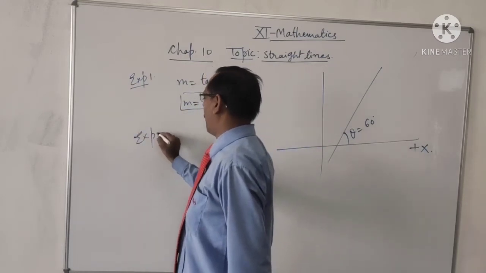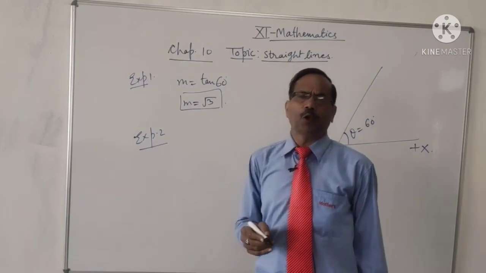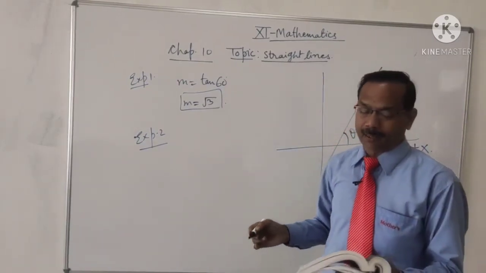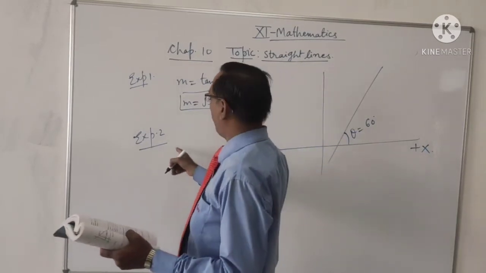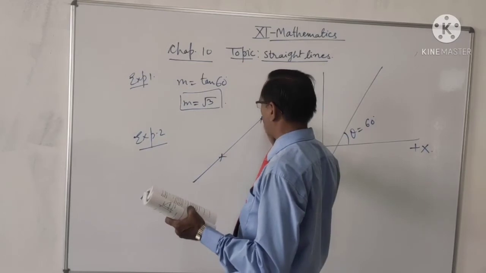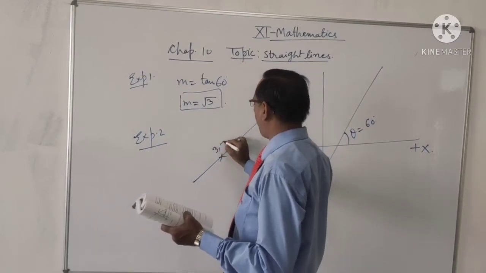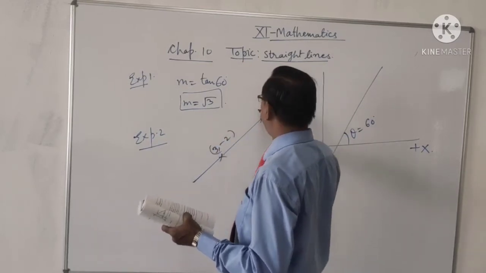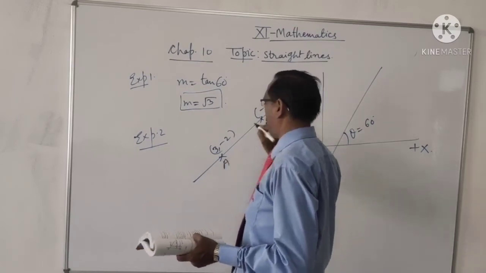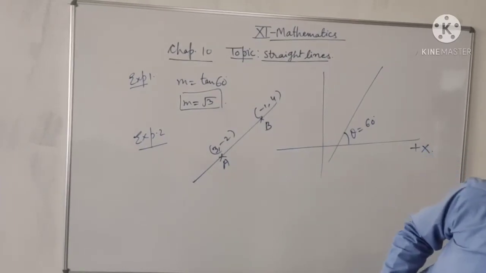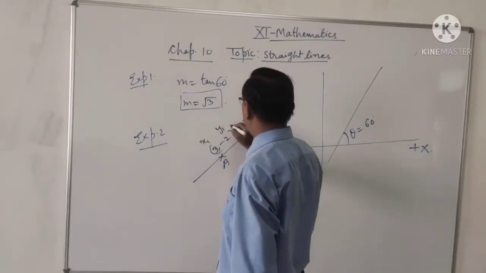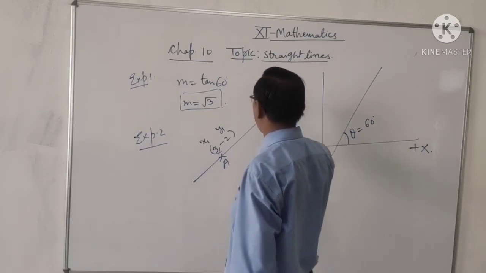Another example, find the slope of the line passing through the points 3, minus 2 and minus 1, 4. Let this be point A, this be point B. So students, here this is x1, this is y1, x2, y2.